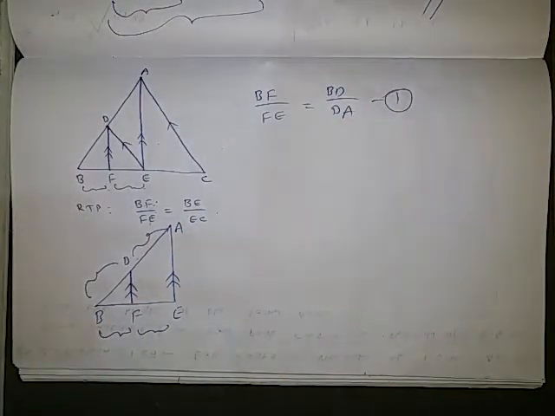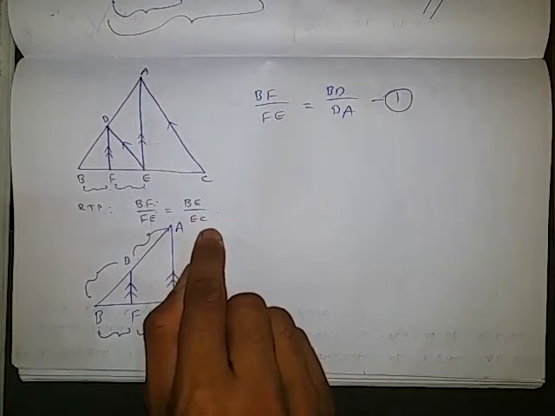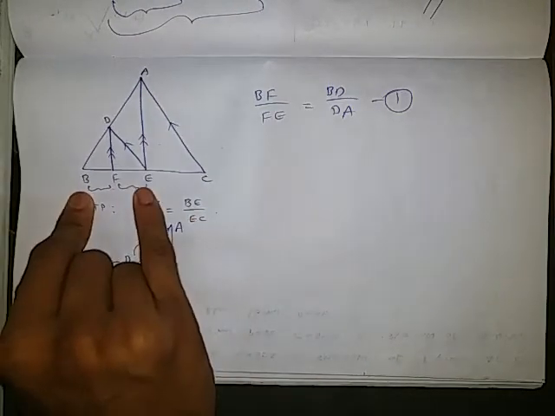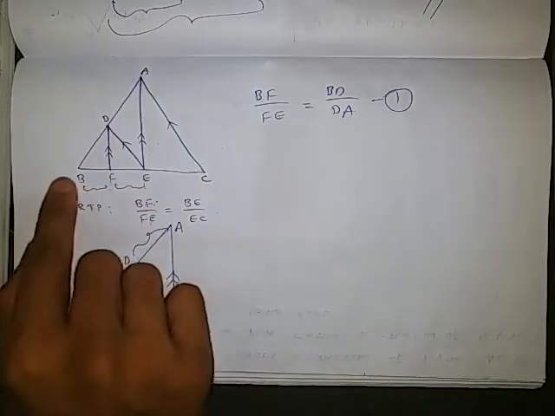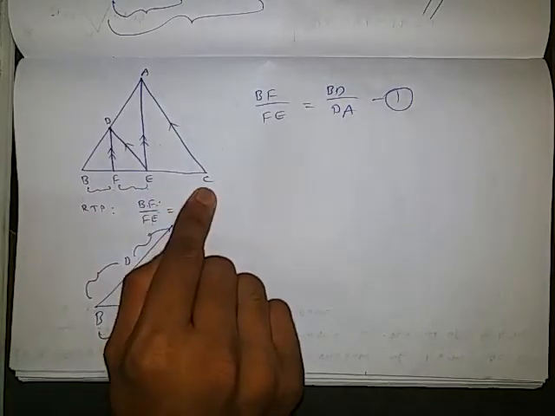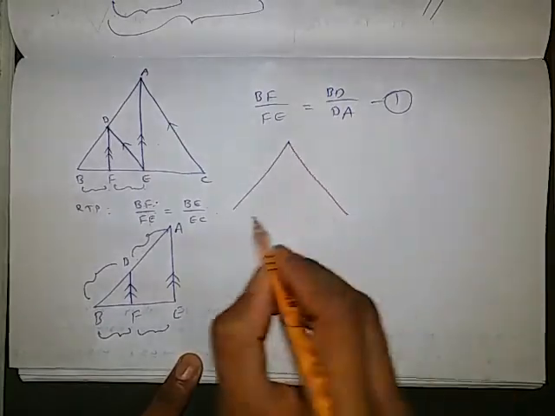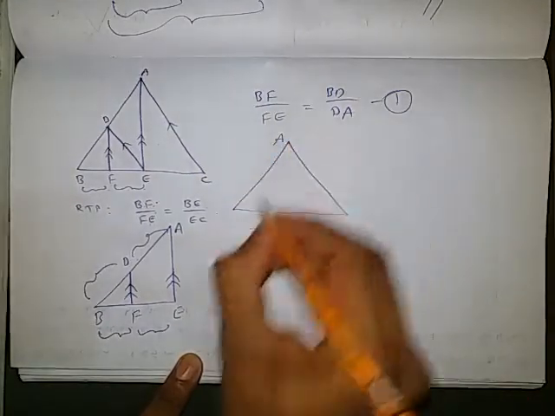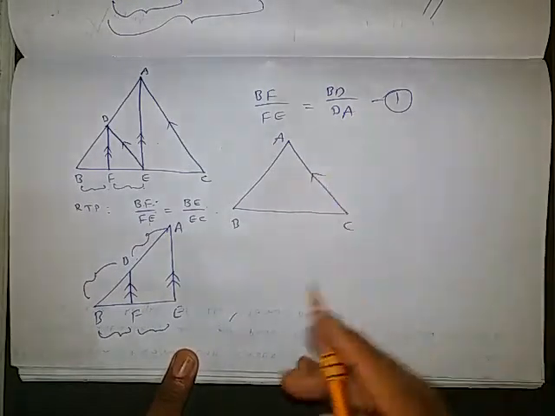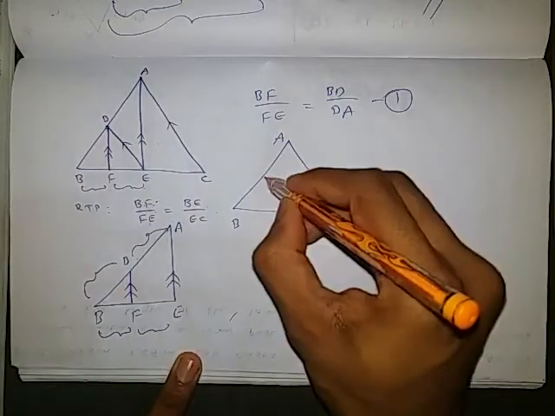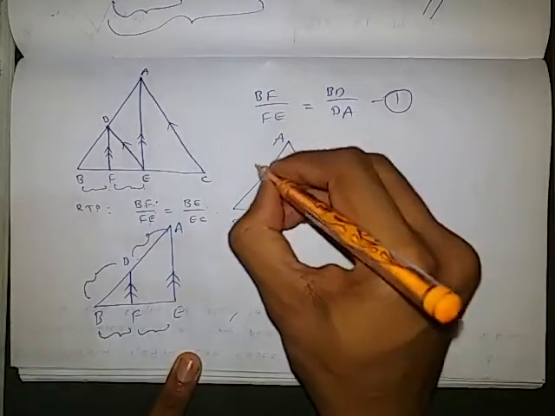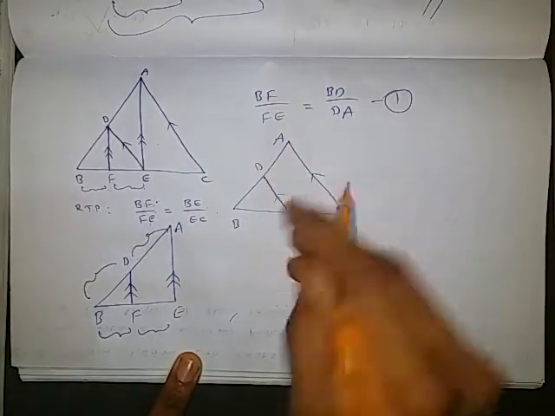Now next what we want is BE by EC. BE to EC. It means the total triangle. Now the total triangle I am considering, that is ABC. Only we want parallel sides. So this AC is parallel to DE, so only that DE I am joining.